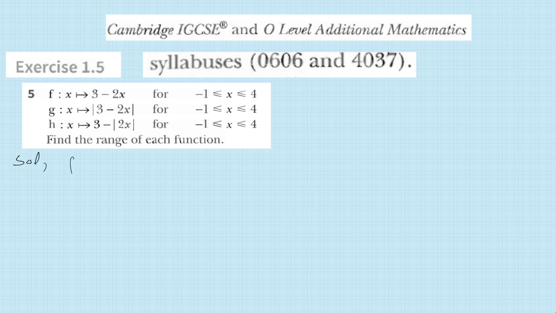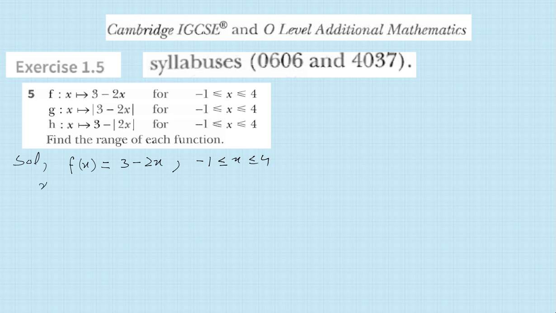Given function is f(x) = 3 - 2x, and the domain given is from -1 to 4. Because this is not an absolute valued function, we just find the value by putting the smallest and highest value of the domain.